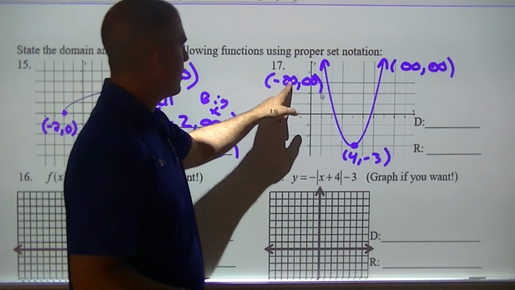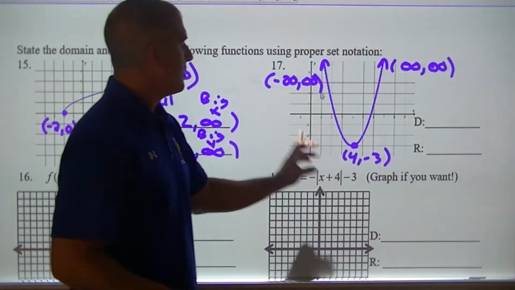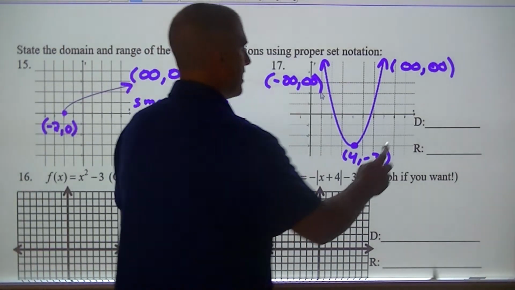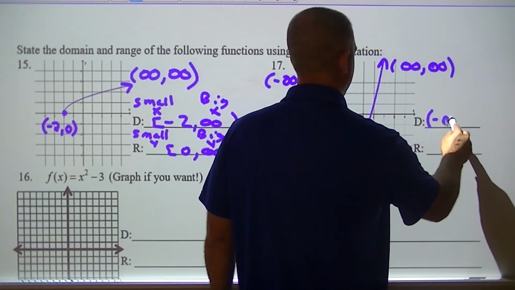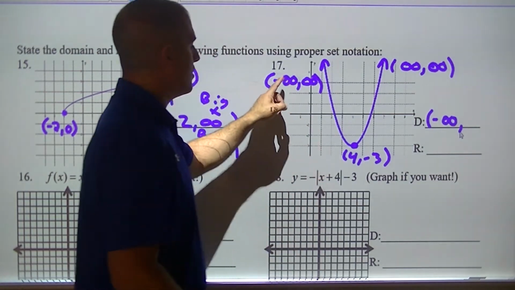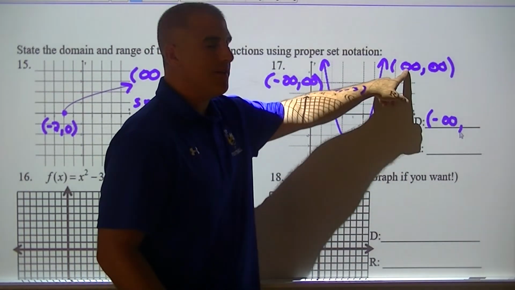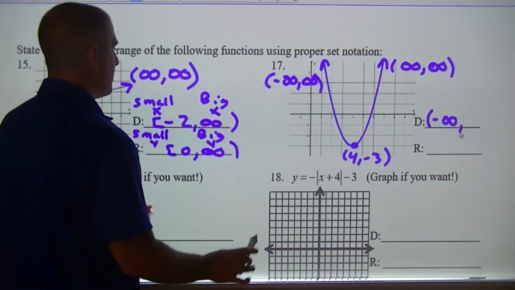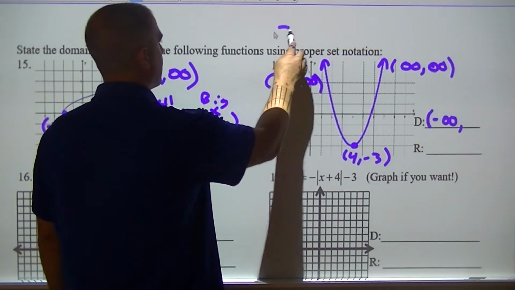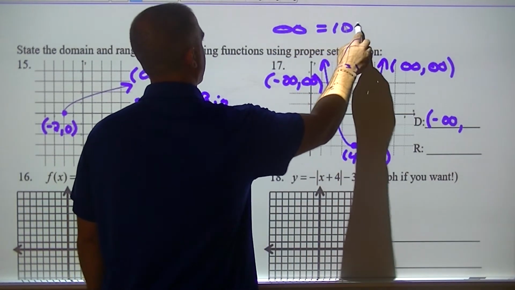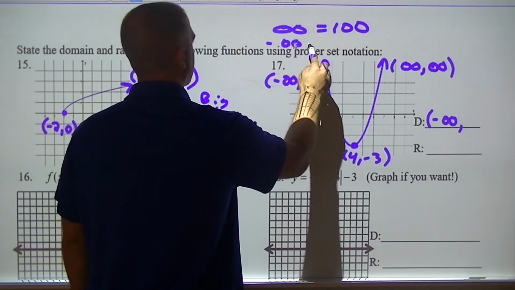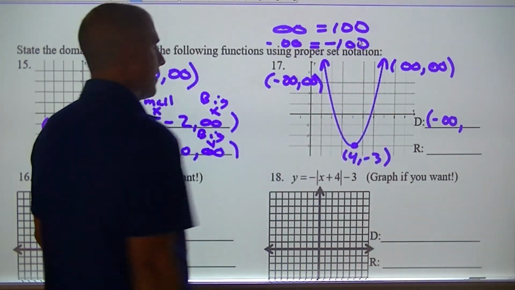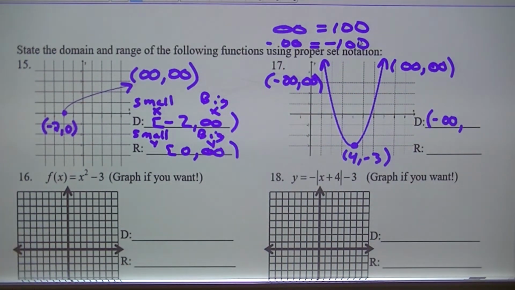So the domain. When I look at all these points, the smallest x value I see is negative infinity. The biggest x value that I see is not 4, we treat it as infinity. If you ever get confused with infinities, you can treat infinity like 100 and negative infinity like negative 100, if you need a number to understand realistically what those are.